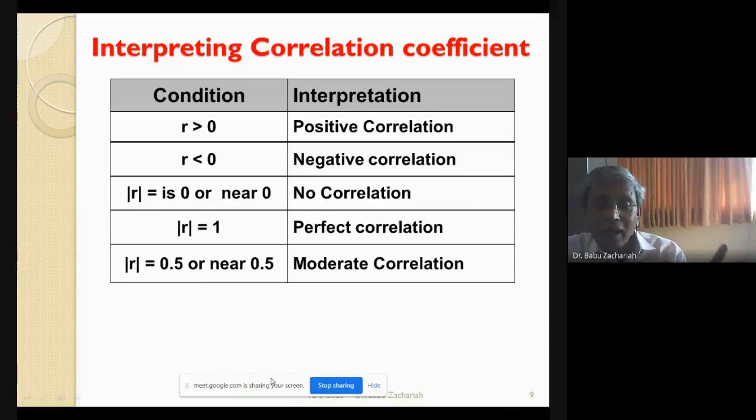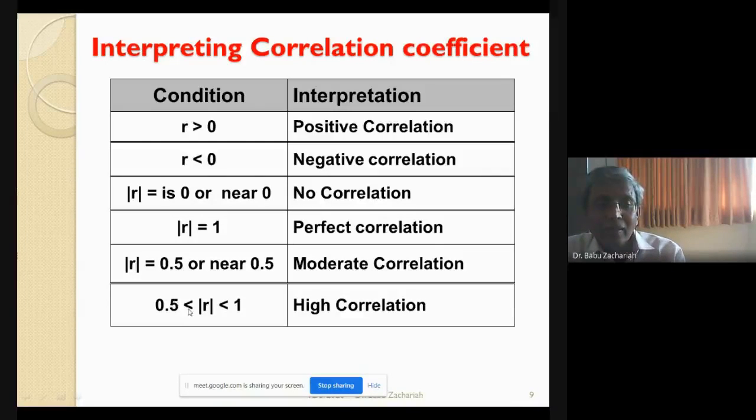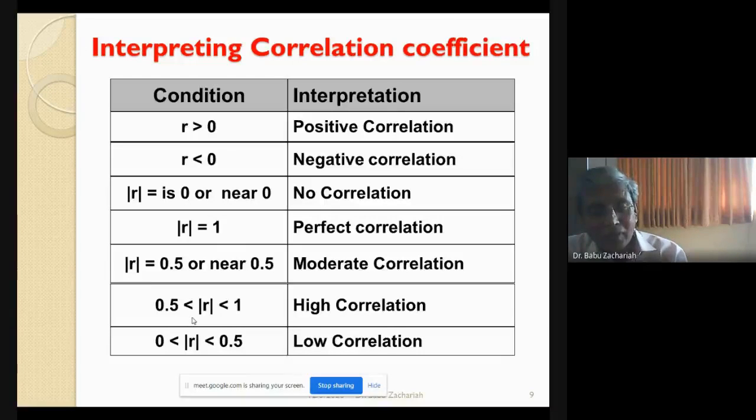If absolute value of R is equal to 0.5 or near 0.5, we consider it's a moderate correlation. If absolute value of R is between 0.5 and 1, we consider high correlation. If absolute value of R is below 0.5, we consider low correlation. This is how we interpret it.